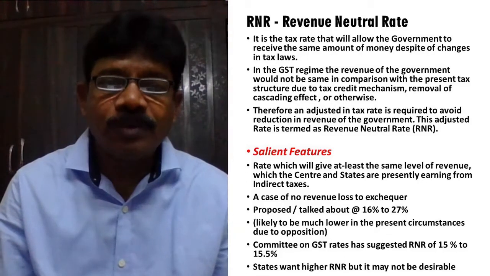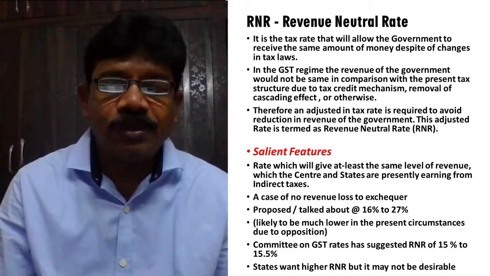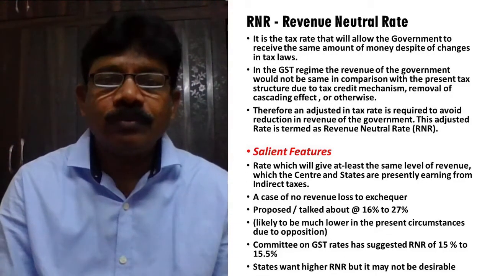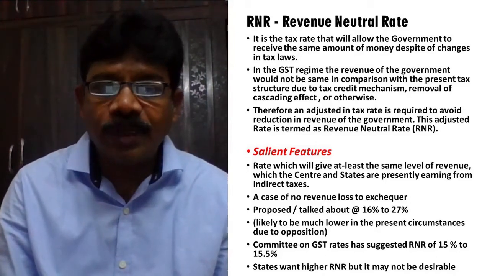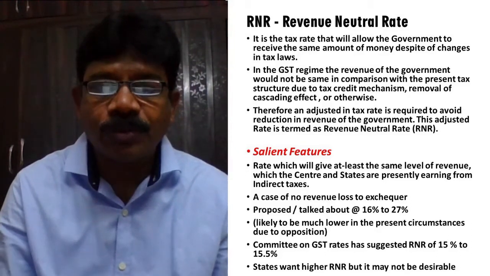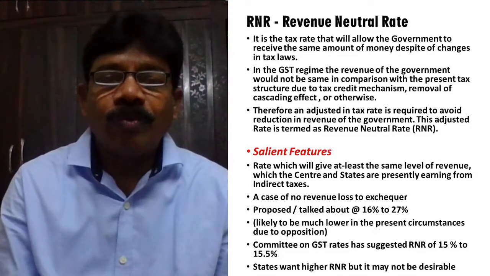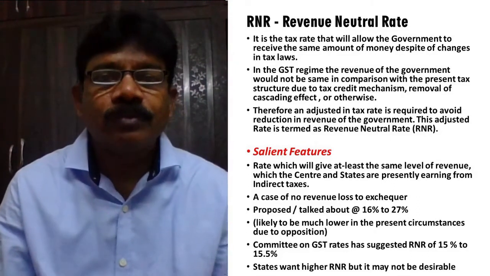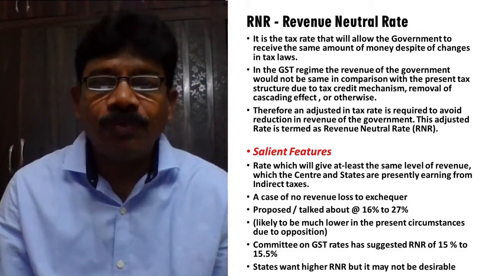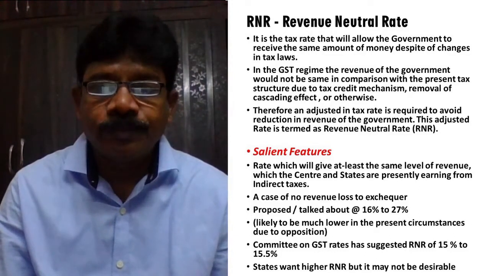So they came across 16 to 27%. If the tax rate is adopted in between 16 to 27%, the government may not lose earlier revenue. So that is RNR, revenue neutral rate.